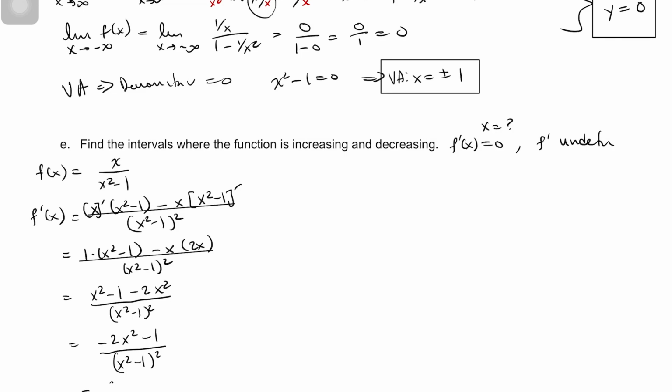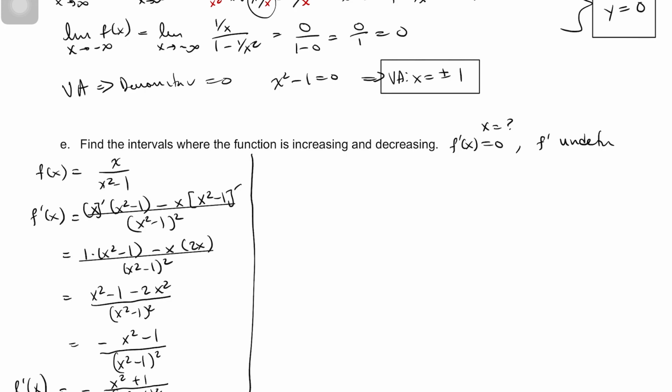And that's a mistake here, typo. That's supposed to be x squared minus 2x squared, which is negative 1x squared. So let's factor out the negative, so it's going to leave us with x squared plus 1 over x squared minus 1 squared. So that's your first derivative.